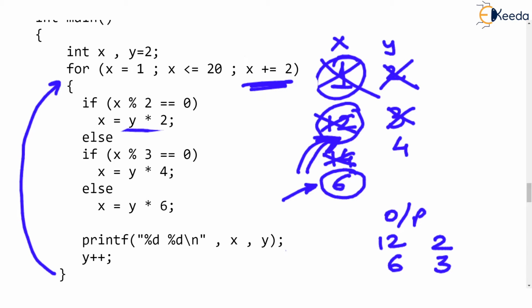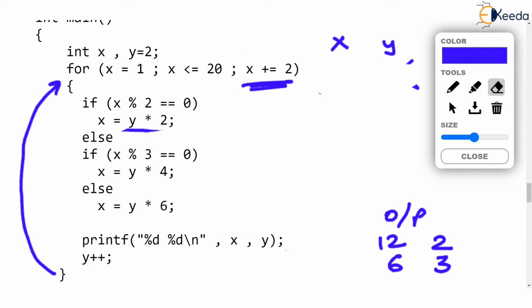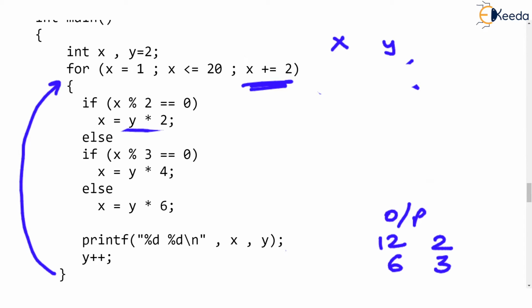Okay, I'll overwrite this table also. 6 and 4 are the values so that we get some room. 6 and 4 are current values. Okay. And x is becoming x plus 2. So x becomes 8. Now let's take x as 8 and run this. So is 8 % 2 equal to 0? Yes, it is.